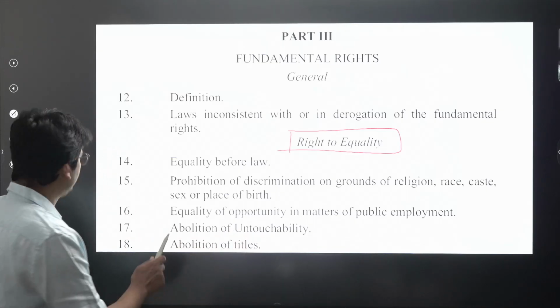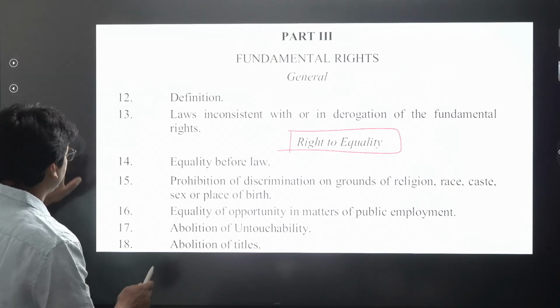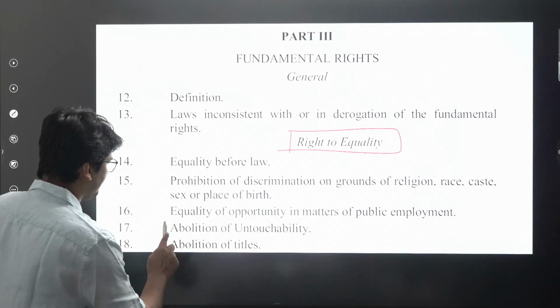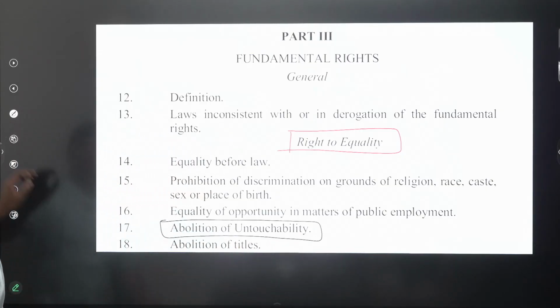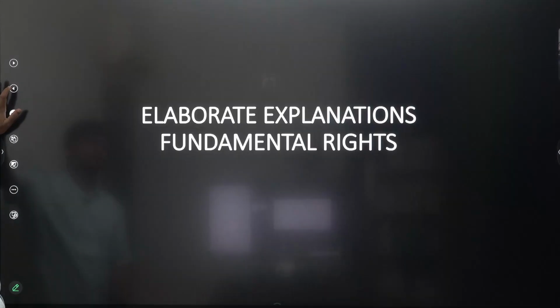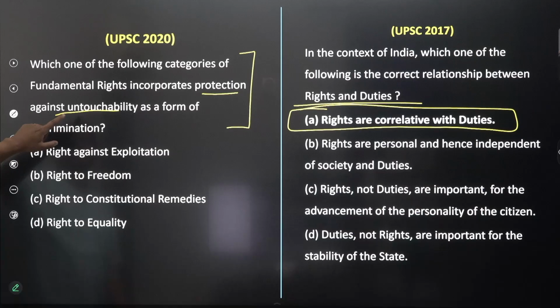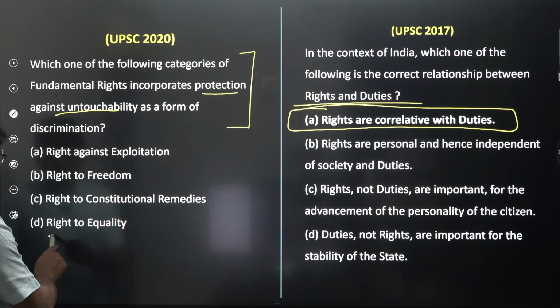So where did this come? Abolition of untouchability came here. This one. I think this was the exact question asked. Let us check. Protection against untouchability as a form of discrimination. So the correct answer would be right to equality.